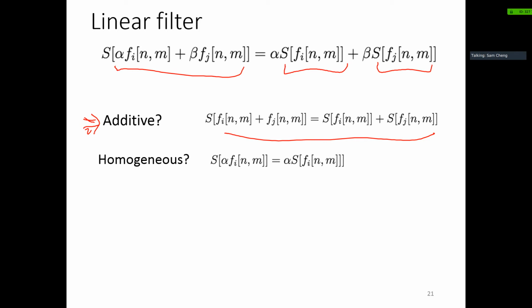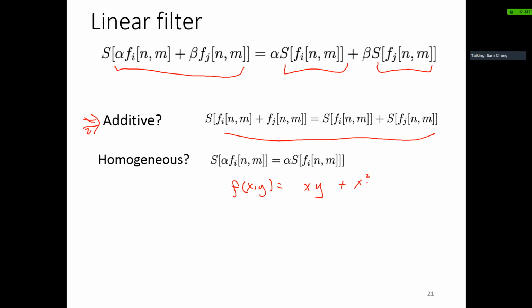How about this other definition, so-called homogeneous? Honestly, I always forget what homogeneous means. I guess the definition more or less comes from when you describe polynomials. For example, f(x,y) = xy + x squared.